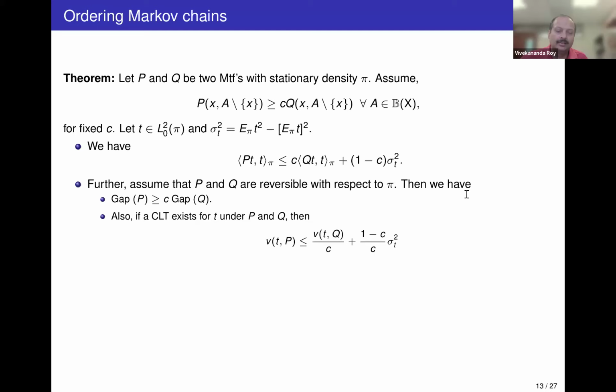What we could show is that if P is better than Q at least C times in Peskun ordering, then P is better than Q at least C times in terms of efficiency ordering, spectral gap ordering, and covariance ordering. Okay, this is a general result.